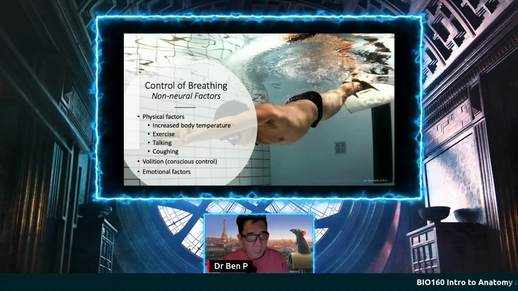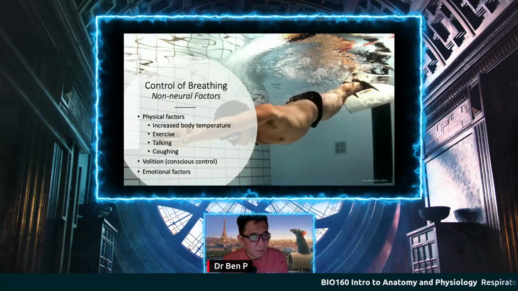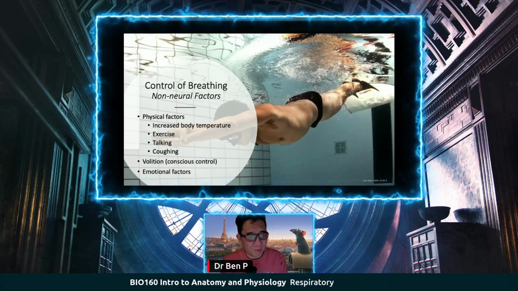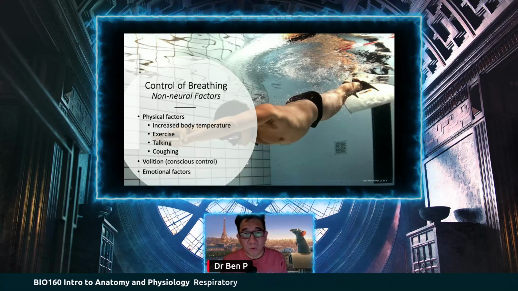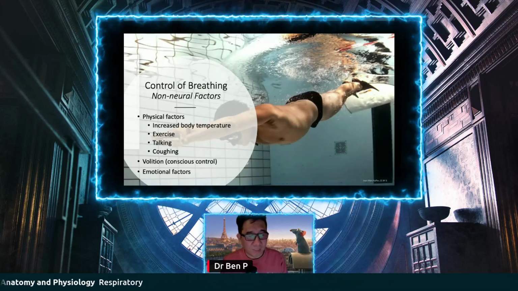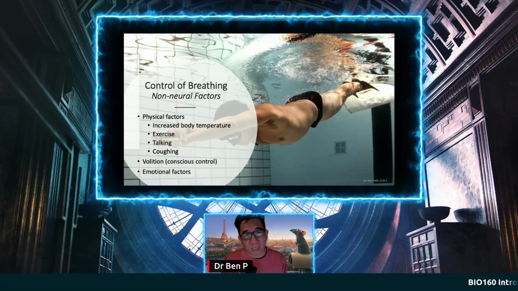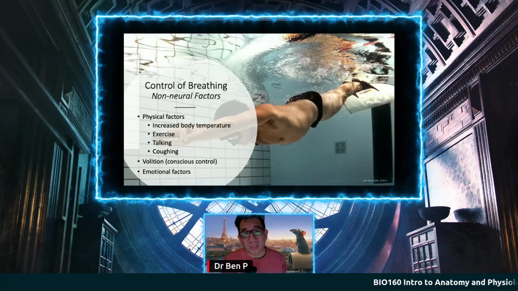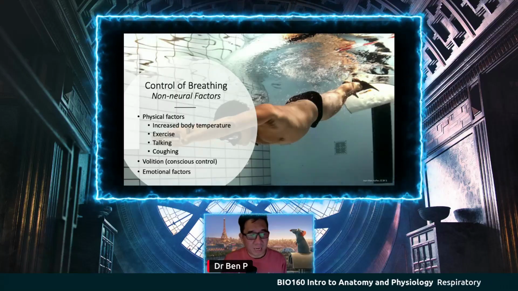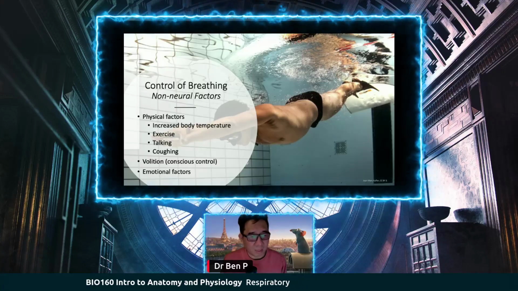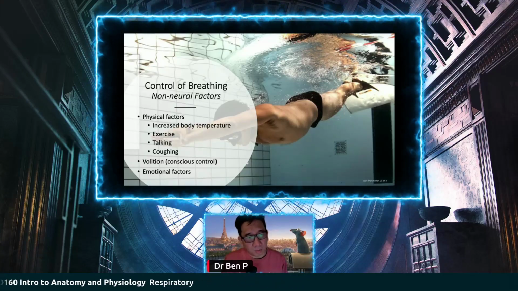Physical factors, in terms of non-neural factors of breathing, so not coming from your brain. What else can control your breath? Physically, your body temperature can control your breath. When you become hotter, you tend to hyperventilate a little bit more. Exercising causes you to breathe faster.